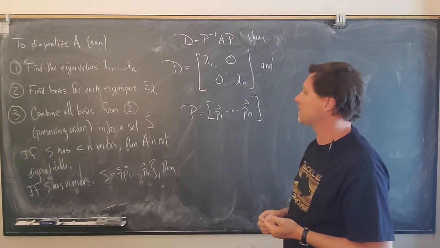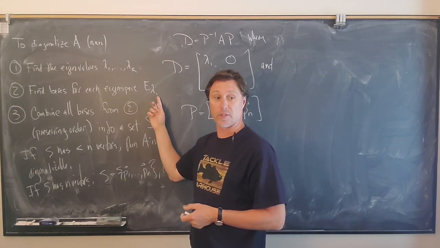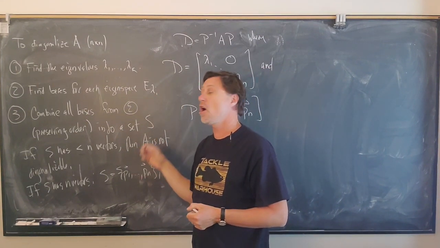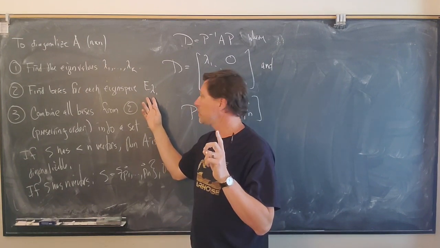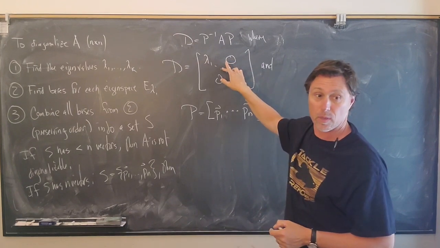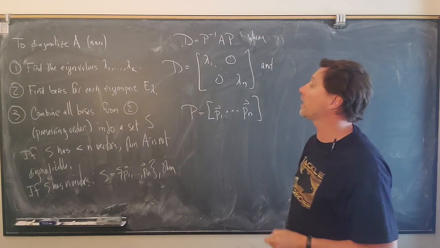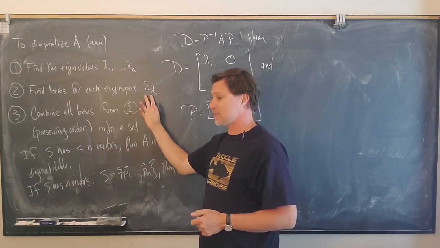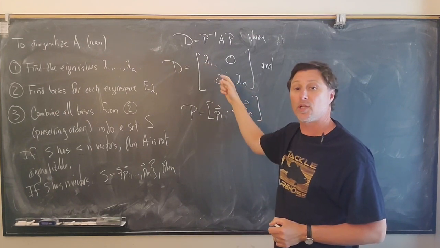If, for example, E sub lambda 1 had dimension 3, so that there are 3 basis vectors for the first eigenspace E sub lambda 1, then what I would do is put lambda 1 3 times along the diagonal. So corresponding to the dimension of the eigenspace will be exactly the number of times that lambda appears on that diagonal.